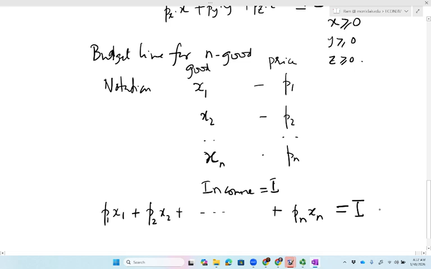Obviously, for goods 3 and above, we will not be able to draw a budget line in a graph. But the mathematical expressions do not add any new complexity. They follow the same form as we had for the two goods. And this is a good point to stop.